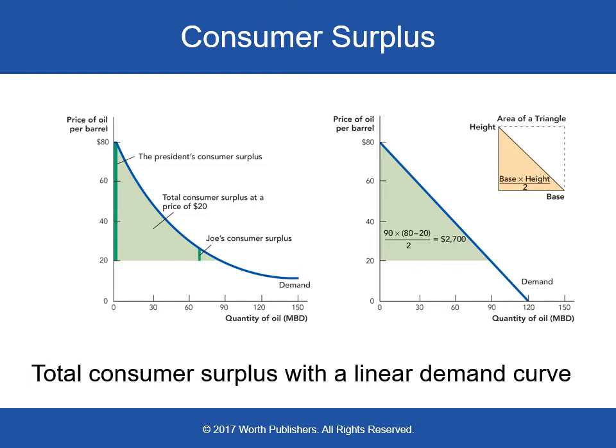And so the area of that really thin rectangle is net benefit to the president. It takes account of the willingness to pay gap, and it also takes account on the horizontal of the number of units being purchased.